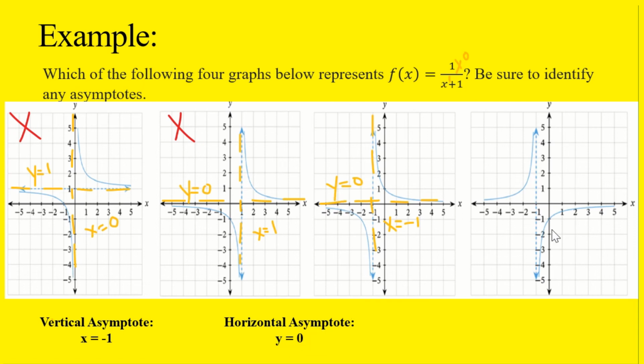Now let's check out this last one here. It does look like we have a vertical asymptote here at x equal -1, and a horizontal asymptote here at y equals 0. So it looks like this last one is also satisfying our conditions. All right, but only one of them must be the graph of this function.